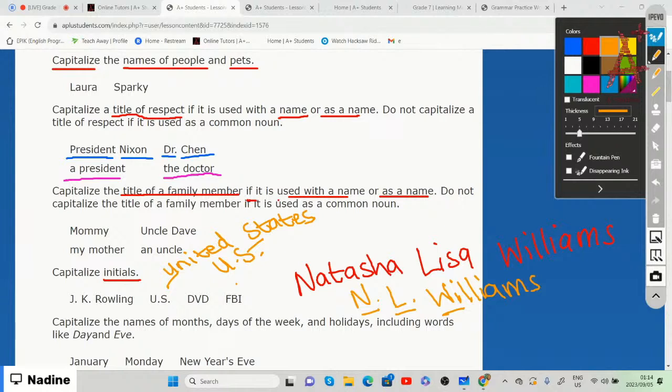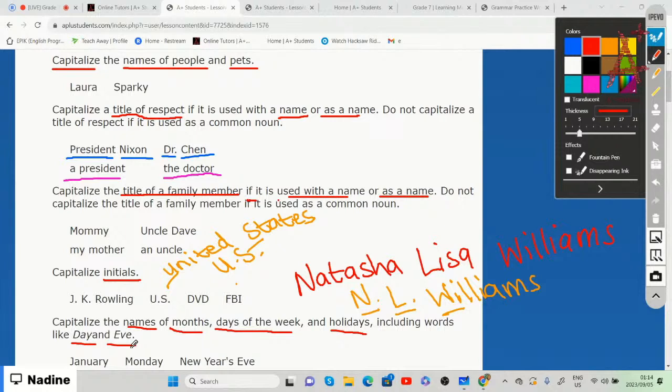And then, not forgetting, we need to capitalize the names of the months, days of the week, and holidays, especially special holidays. We also need to capitalize words like Day and Eve.